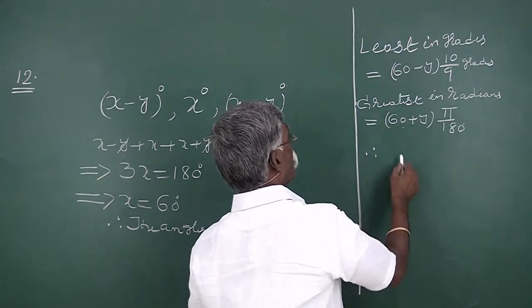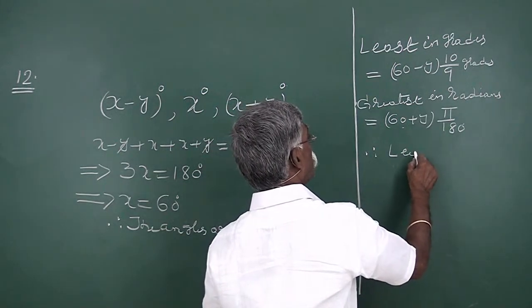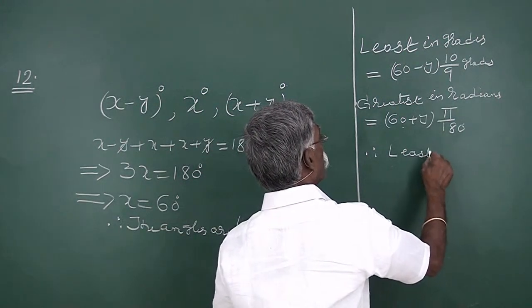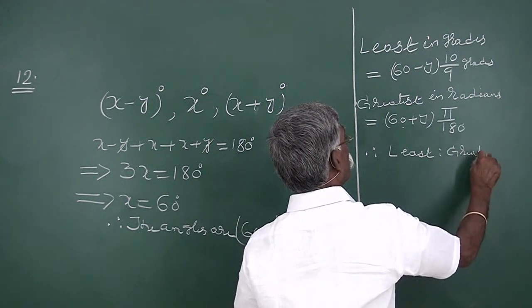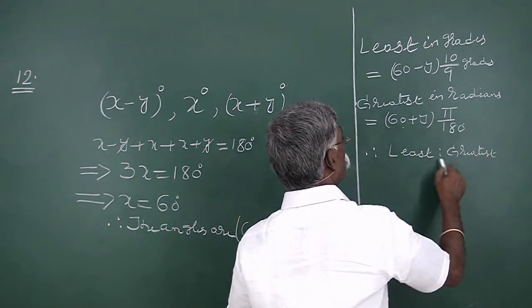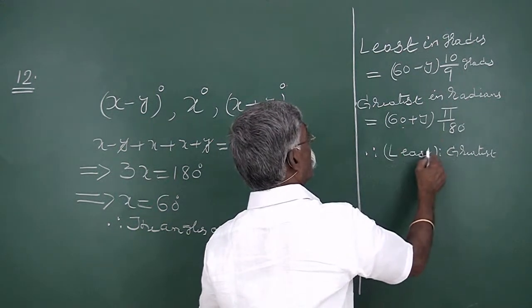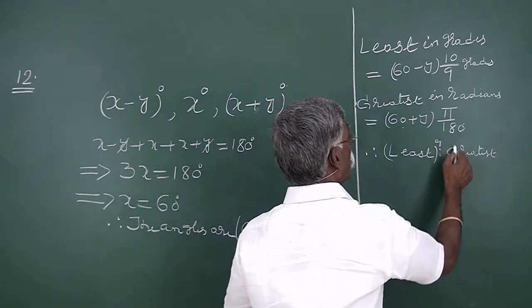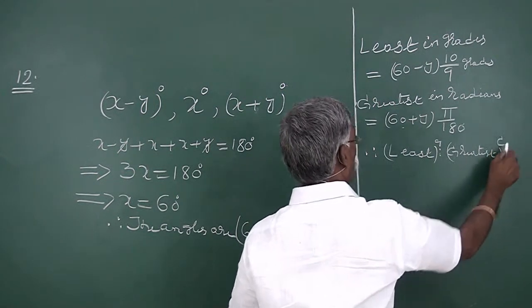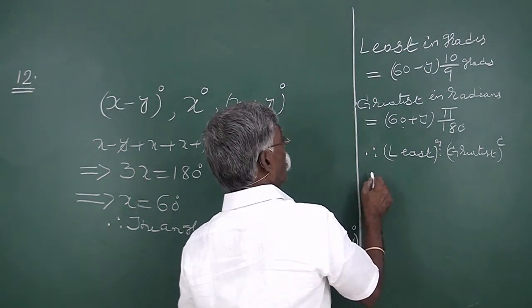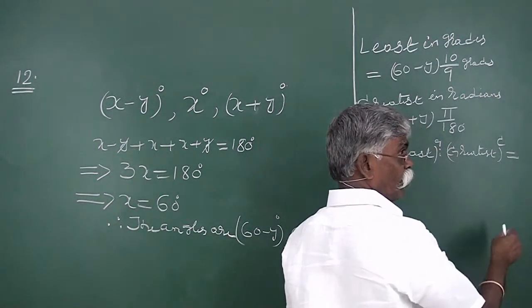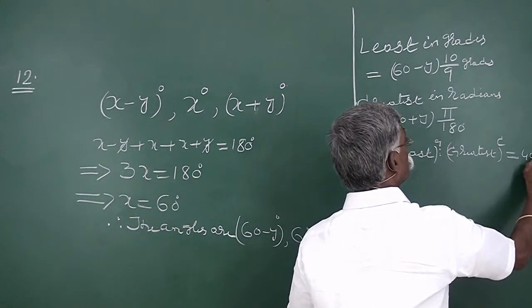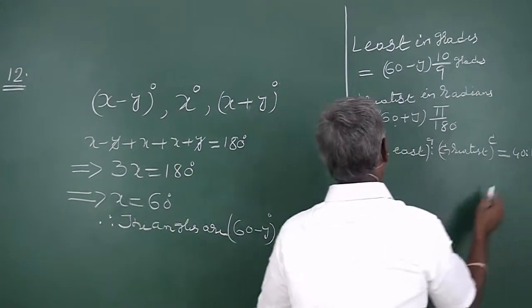Therefore, least is to greatest. So least in grades and greatest in radians is equal to 40 is to pi.